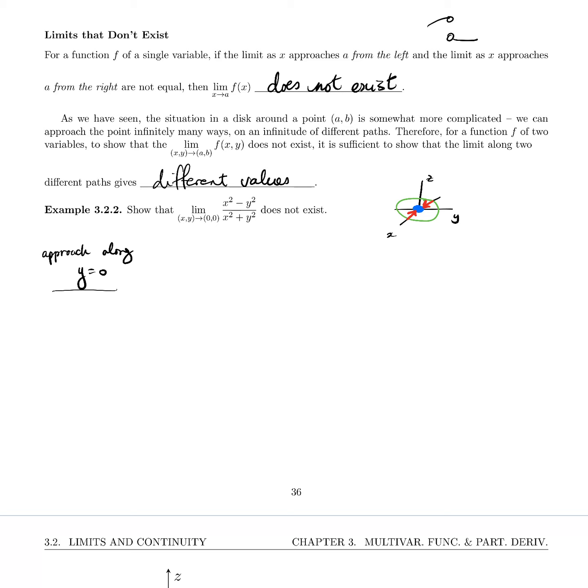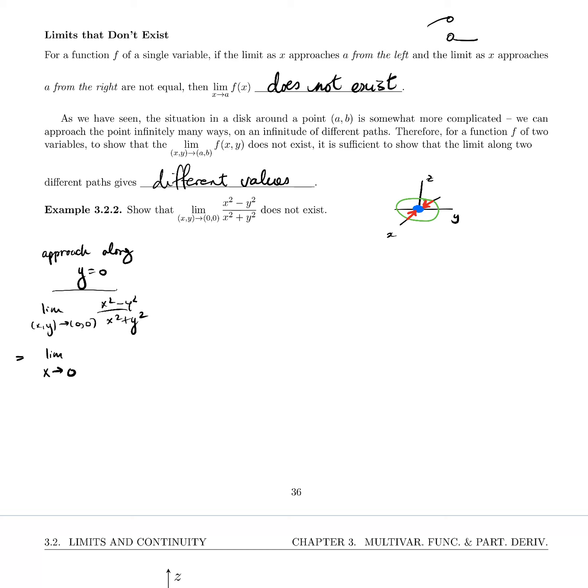If we approach along the line y equals 0, then the limit as (x, y) goes to (0, 0) of (x squared minus y squared) over (x squared plus y squared) is equal to, well, if y is equal to 0, we can plug in 0, which means that y is 0 for all of those values.